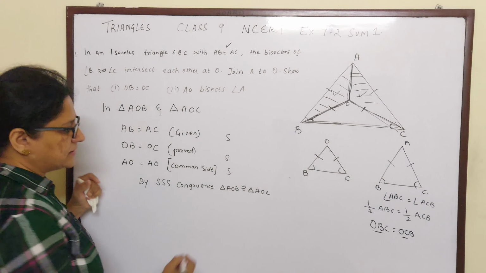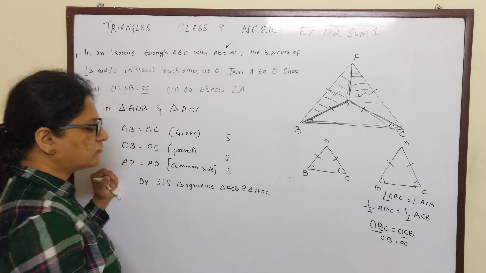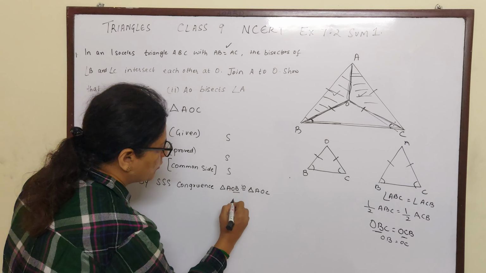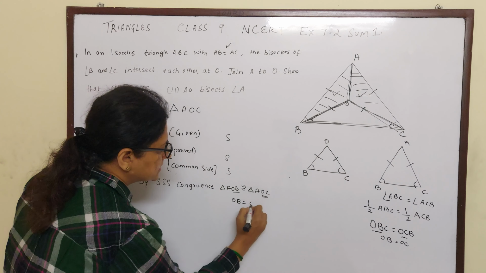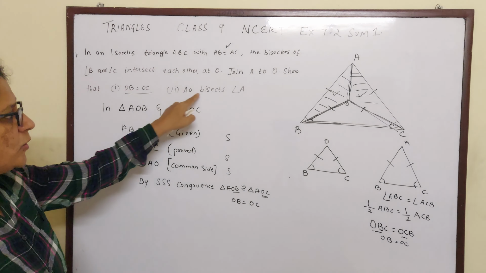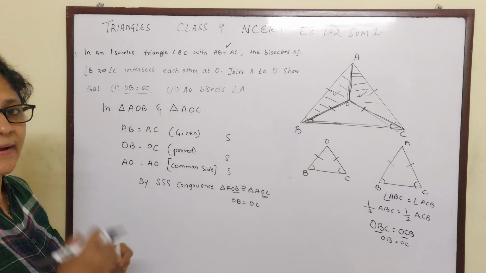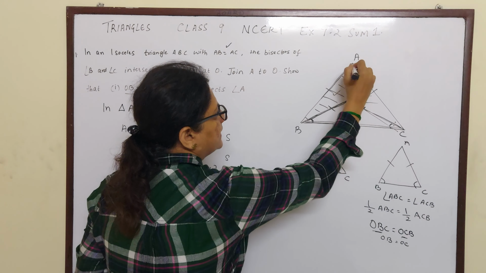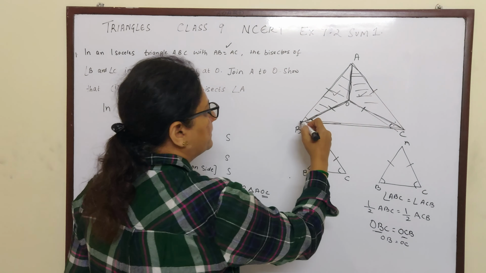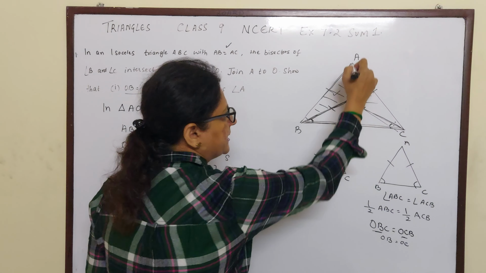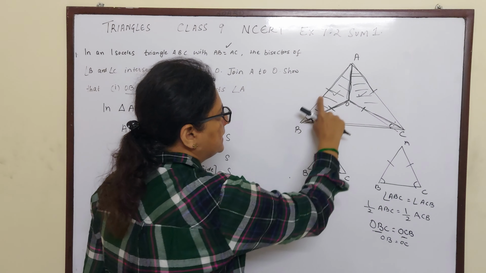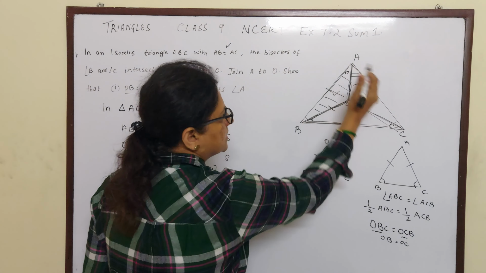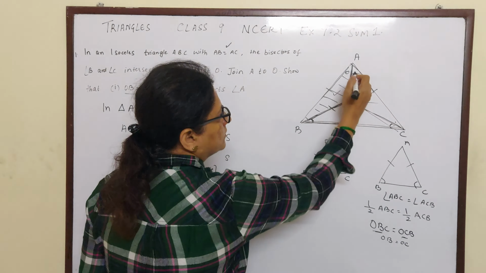So from this, OB is equal to OC, we already proved here. They are corresponding parts of congruent triangles. So you can say here OB is equal to OC. Now AO bisects angle A. What do you mean by that? See, AO is this line and it is bisecting angle A, meaning it is cutting it into equal parts. That means angle BAO should be equal to angle CAO. BAO, that is this, should be equal to CAO, that is this.